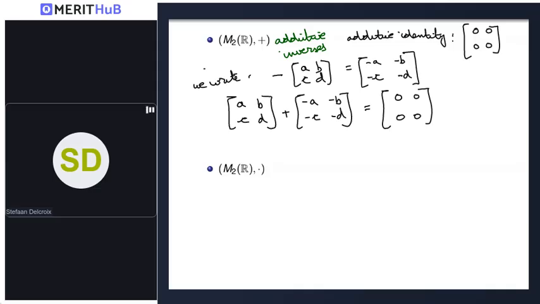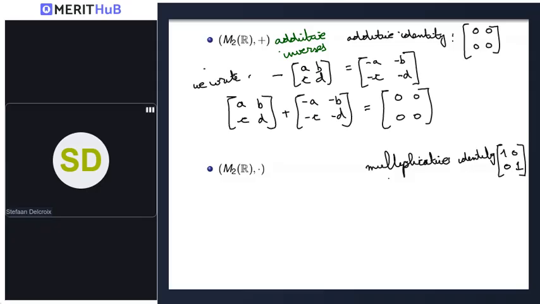Nice. Okay, let's have a look at multiplication then. What was the multiplicative identity? 1001. I think we did this on day 5 or day 6.